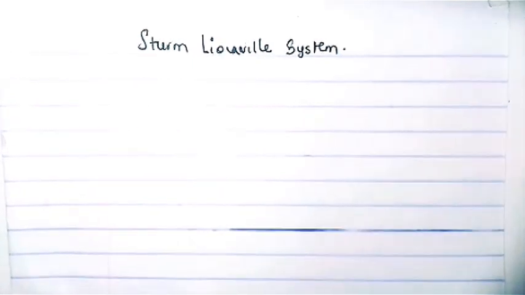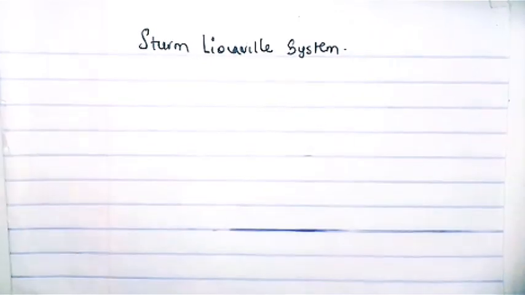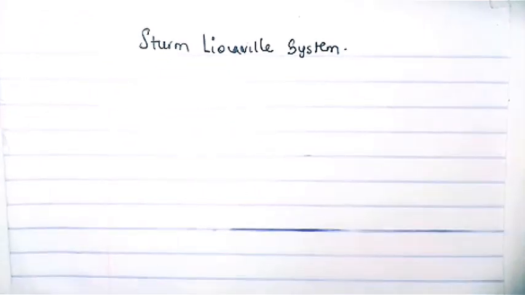I'm going to repeat myself. A Sturm-Liouville system consists of a Sturm-Liouville equation and a boundary condition which helps us to find the eigenvalues and the eigenfunctions of that boundary condition.